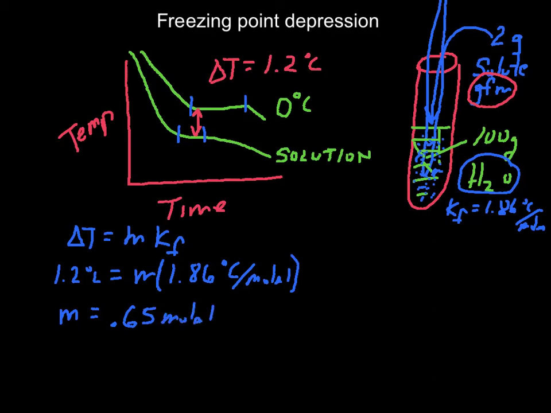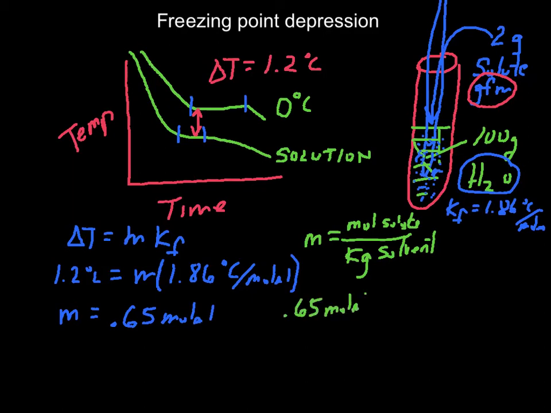The next equation I'm going to use is that of molality, which is equal to moles of solute over kilograms of solvent. So setting up 0.65 molality that I solved in the first equation, that's going to equal X moles of solute over kilograms of solvent.